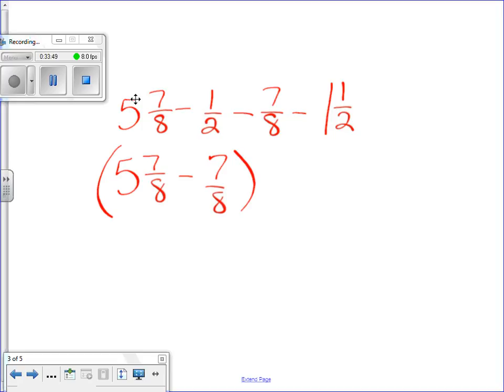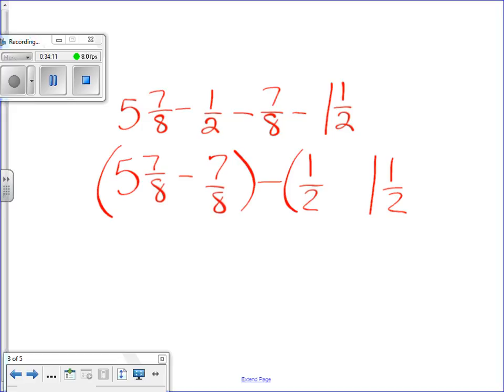So, yes, sir. Okay, so I'm still going to be subtracting. Now this is the part where first period they were like, what? Wait, what are you doing? So I'm taking my 1/2 and my 1 1/2.